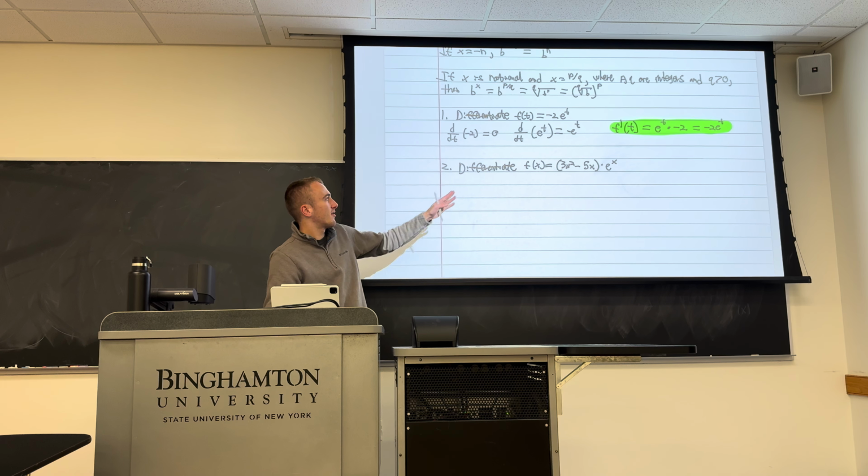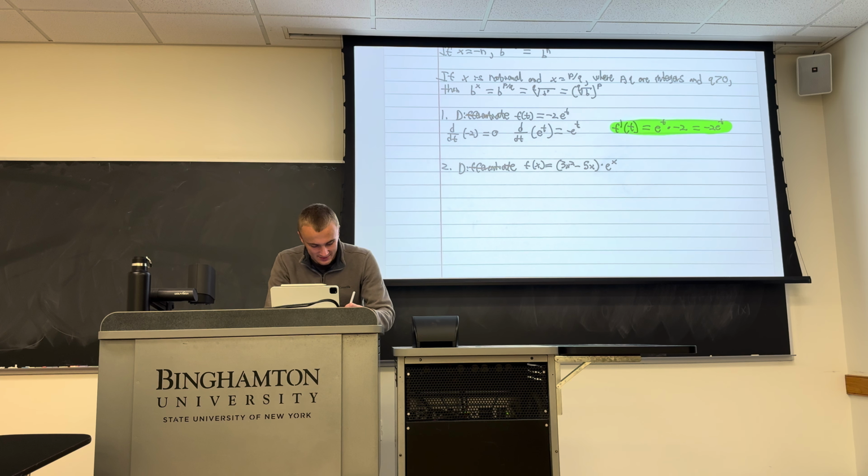So first we take the derivative of the outer, 3x squared minus 5x. So d/dx of 3x squared minus 5x equals 6x minus 5, and then it's times the inner, and then derivative of the inner, so d/dx of e to the x equals e to the x times the outer.